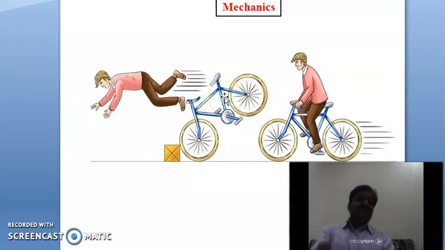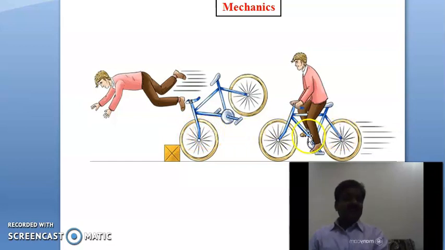You see and try to think. Your answer is surely what? Because of the obstacle at this position in front of the bicycle, what happens to the motion of the bicycle? It changes. Here, the velocity of the bicycle is changed.